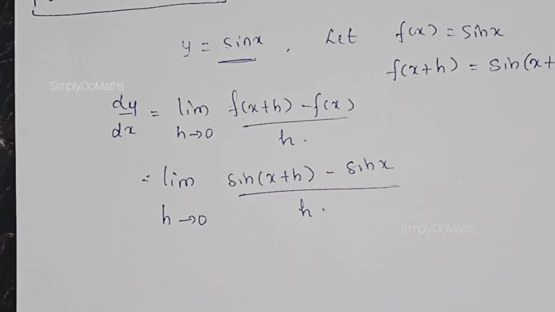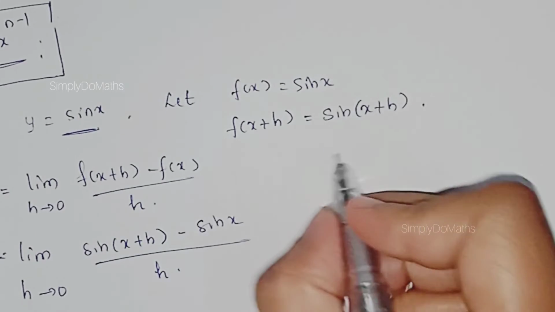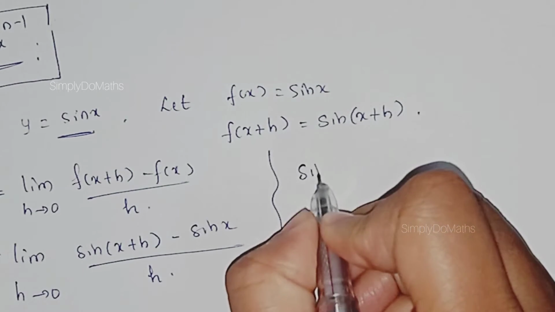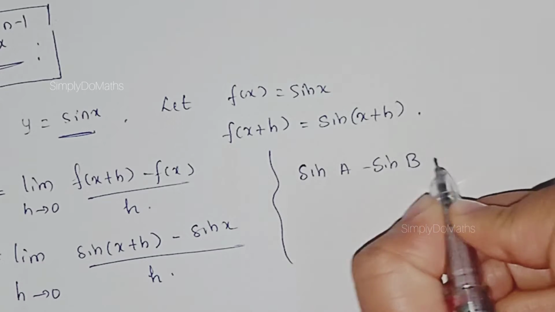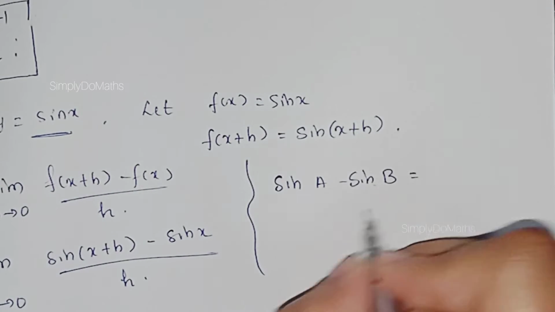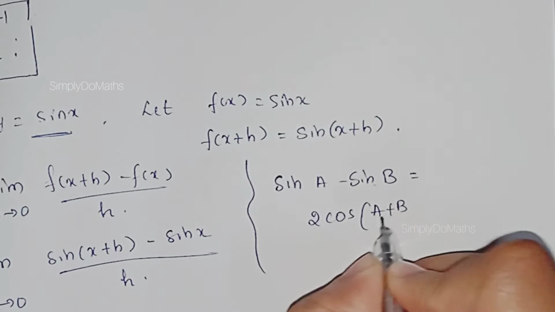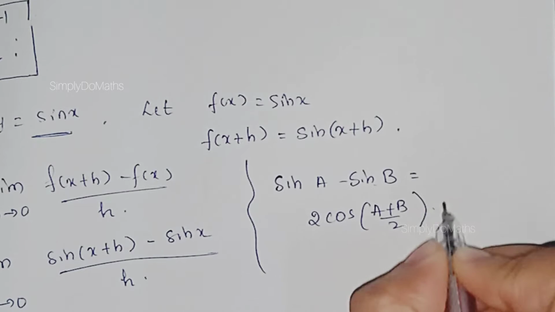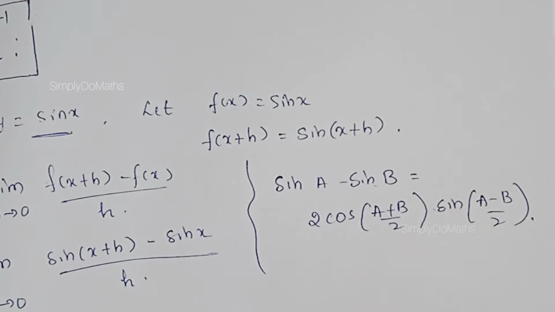Here, this is in the form sine a minus sine b. As you know, sine of a minus sine of b is equal to 2 cos of (a plus b) by 2 into sine of (a minus b) by 2, right?